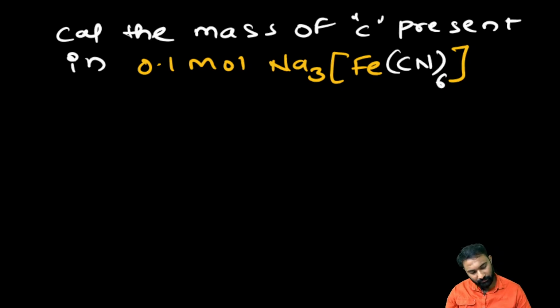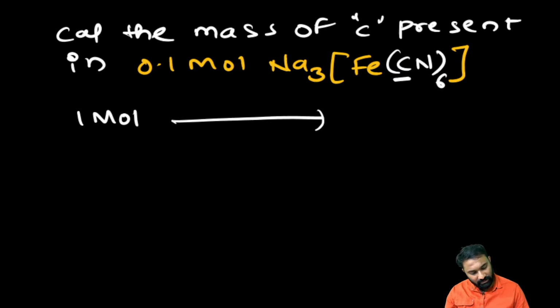Now you see here, 1 mole of ferricyanide contains how many carbon atoms? 6, right? 6 cyanide means 6 carbon atoms.